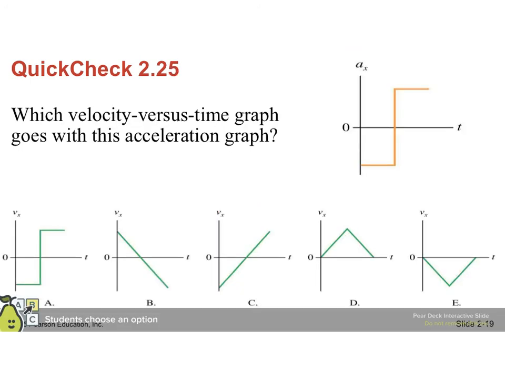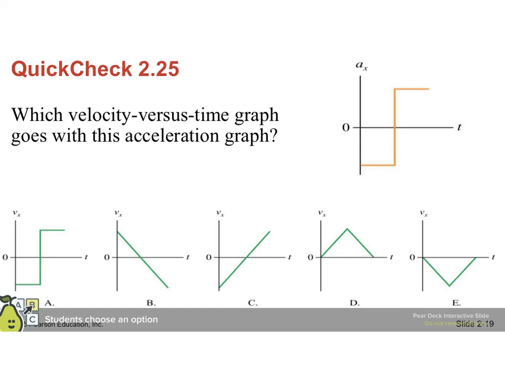Which velocity versus time graph would go with the given acceleration graph? So we see that the acceleration is a constant but negative thing. So we need the slope of the velocity curve to be, the velocity curve needs to be a line which is sloping downward, and then suddenly a line which is sloping upward.